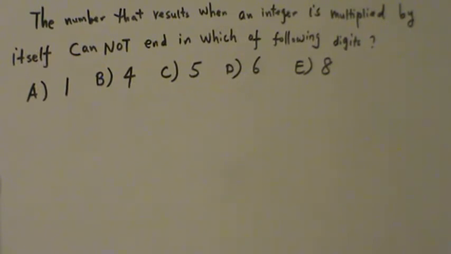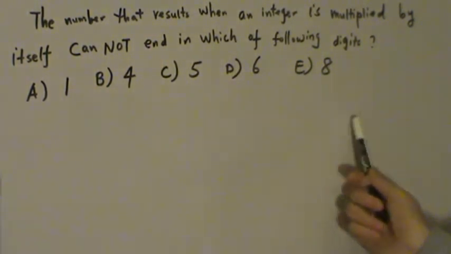Today's question is: the number that results when an integer is multiplied by itself cannot end in which of the following digits? This question confused me at first. I was thinking it was asking which of these options, when multiplied by itself, does not end in its own digit.